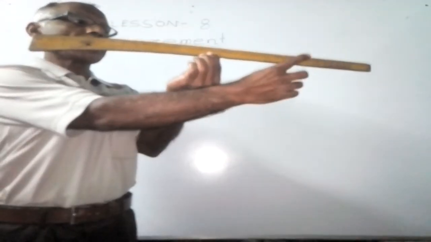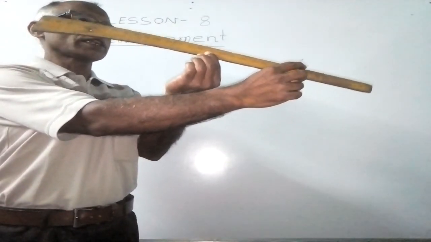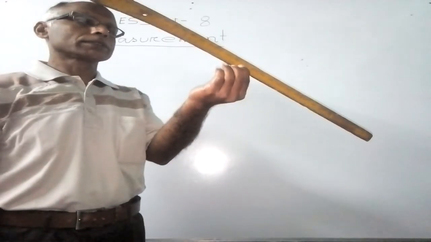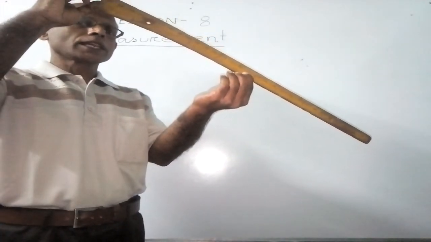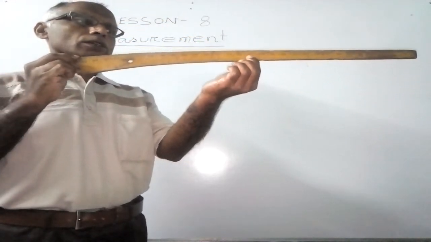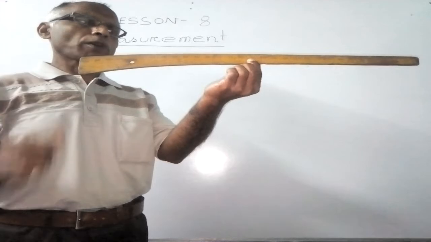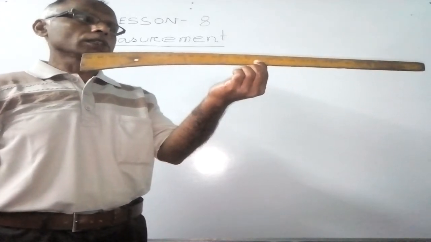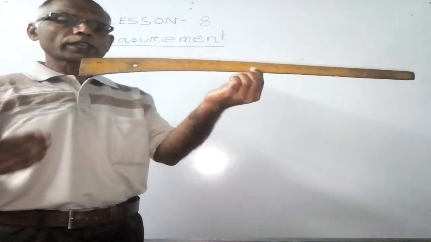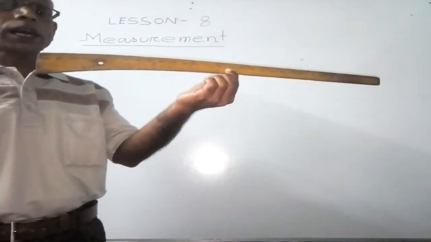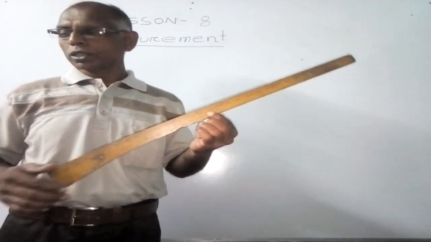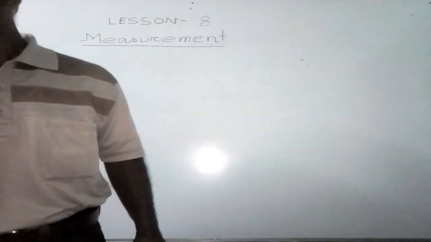If any weight is given on the other end, the other end will rise up. As soon as we give weight here, when it is in a straight position, we call it in balance. Like this way we can find the weight of any object. Hello, you have seen it, students?